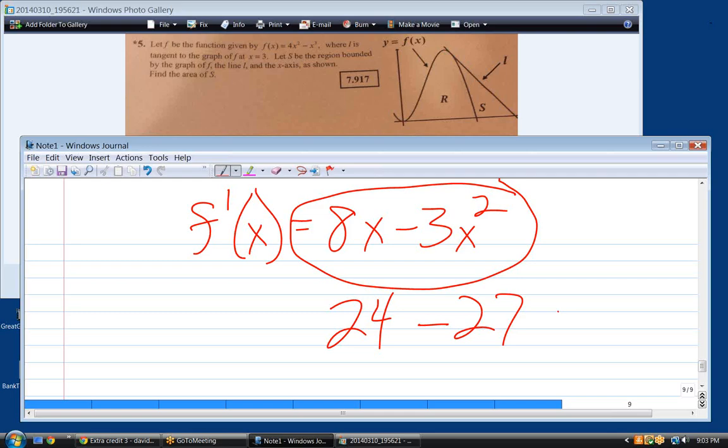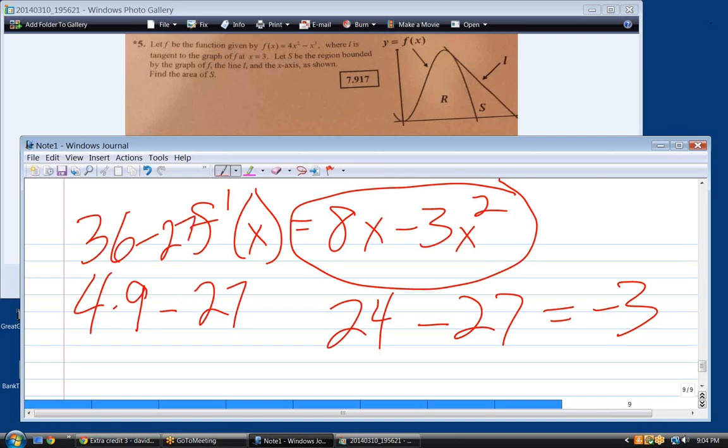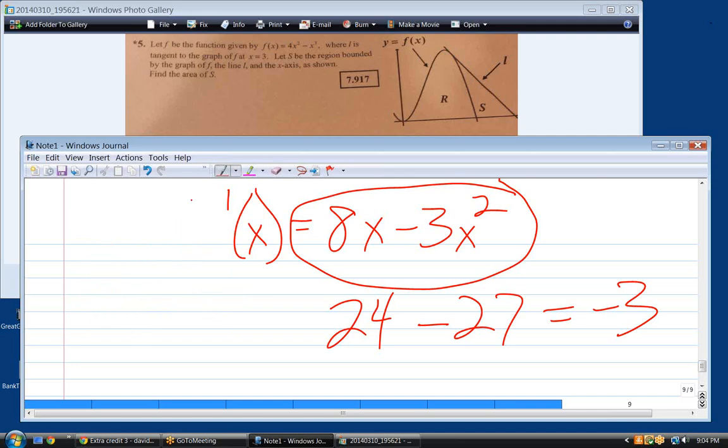Did I do that right? 3 squared is 9, times 3 is 27. So we have a slope of minus 3. Well, the point is what? If I plug in 3 for x, I get 4 times 9 minus 27. 36 minus 27 is 9. So that point is 3, 9.